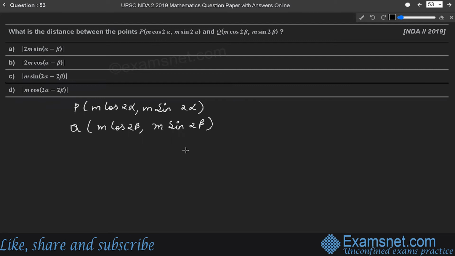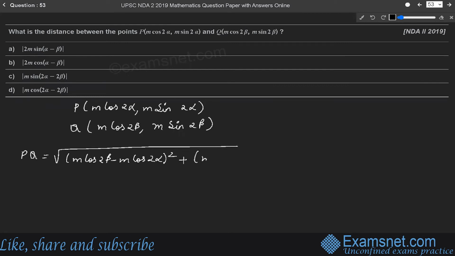We know that the distance PQ is equal to the square root of the difference of abscissa squared plus the difference of ordinate squared. So this will be the square root of (m cos 2β minus m cos 2α) whole squared plus (m sin 2β minus m sin 2α) whole squared.